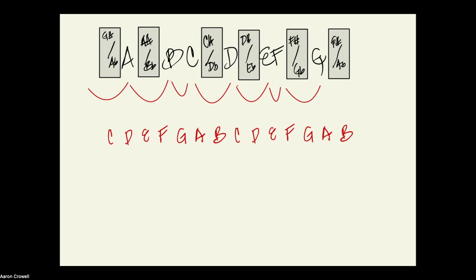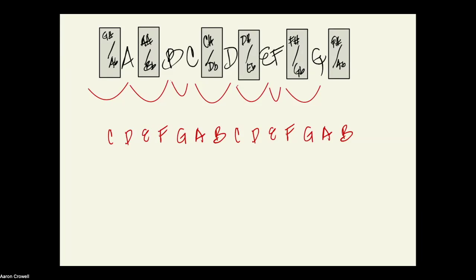Now, in order to find our chords, we just skip over notes, right? So let's change our color here, and we'll go with blue. Okay, so to make our chords, we'd grab this guy, that guy, and that guy. And that gives me a C chord. So we've got our C chord, right?